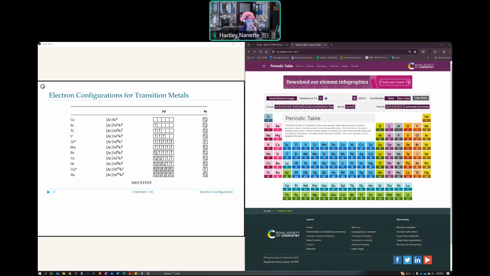And that's more stable. So we end up with chromium and copper. So this column, these guys right here, and these guys right here are those exceptions.